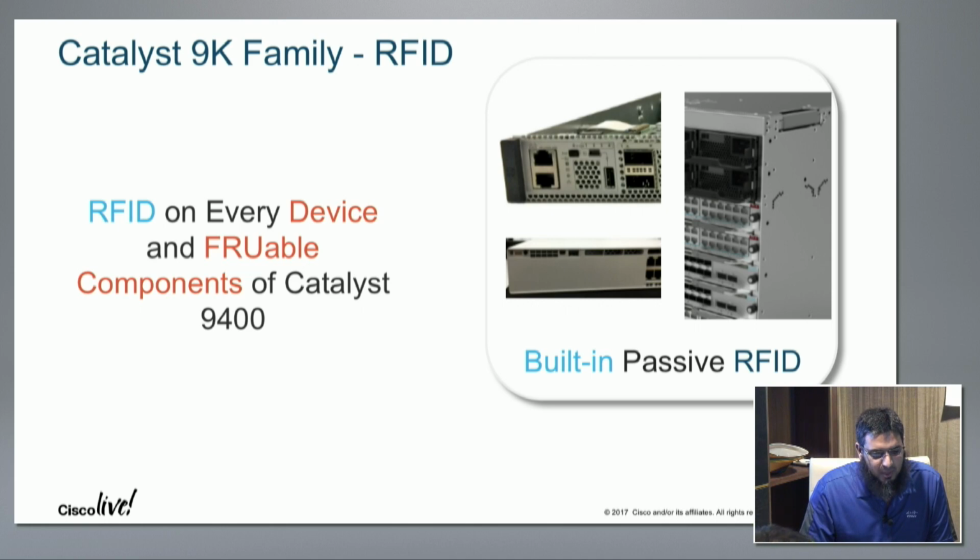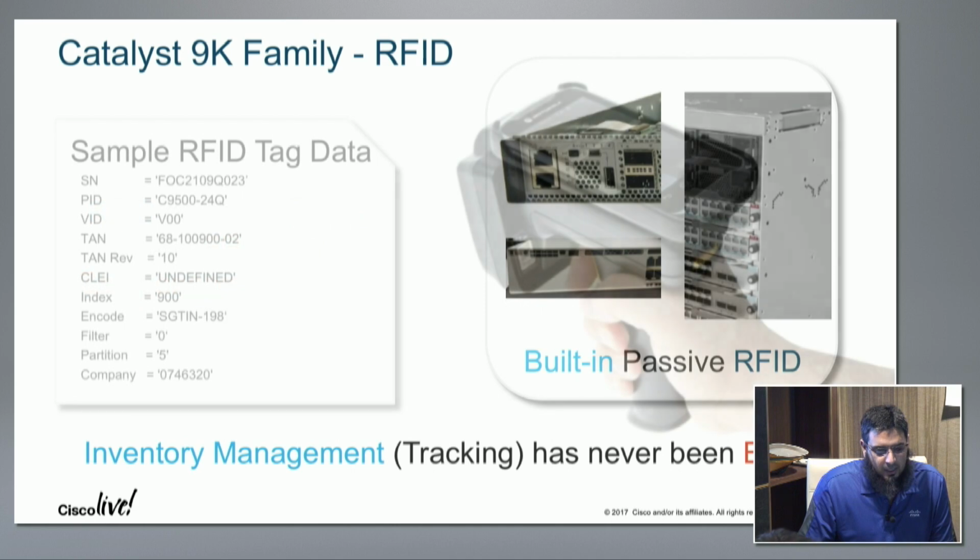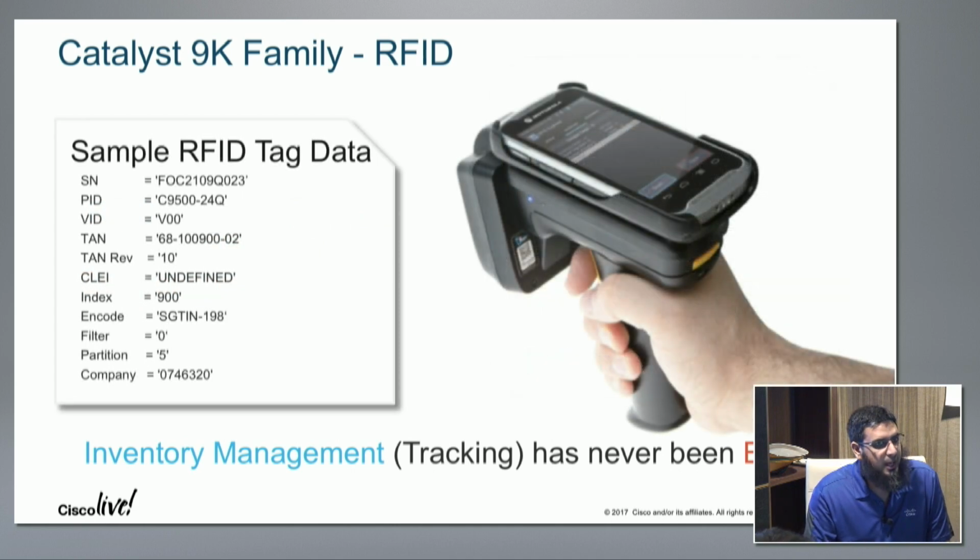Another cool aspect that we are adding here is the RFID. So a lot of our customers, when they receive the product, the switches, they go and attach an RFID tag to each one of them. You don't have to do that anymore. RFID is embedded in each of these systems by default, and it has its serial number, the PID, and different information of the system already in that RFID tag.